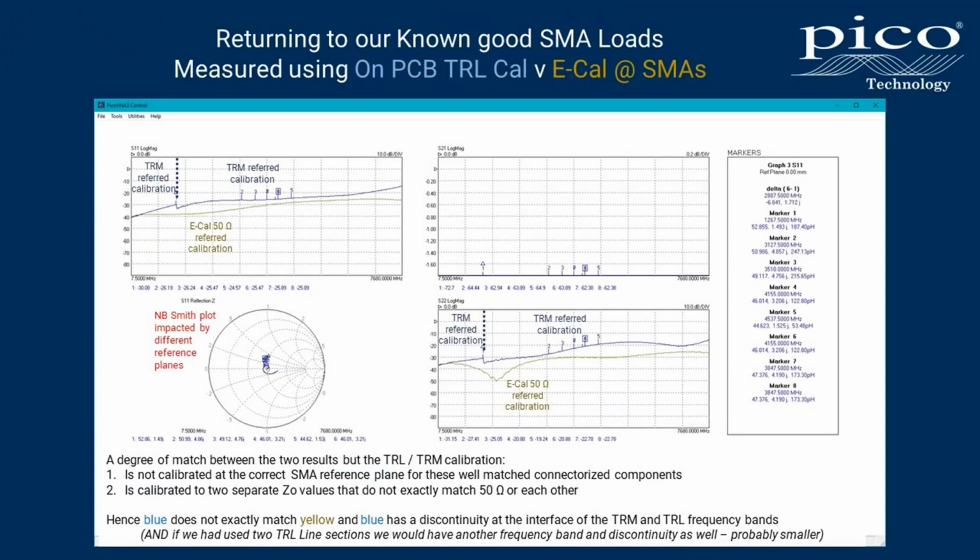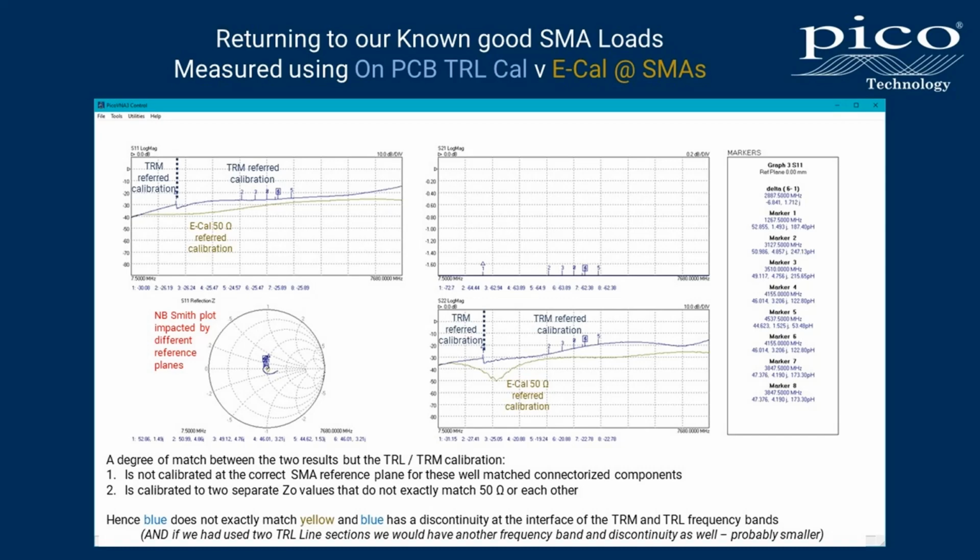And if we return to those earlier measurements that we did of the known good SMA loads, we measured them with TRL and TRM calibration, blue, and ECAL calibration at the SMAs, yellow. We have a degree of match between the two results, but we have to remember that the TRL TRM calibration, firstly, is not calibrated at the correct SMA reference plane for these connectorized components.